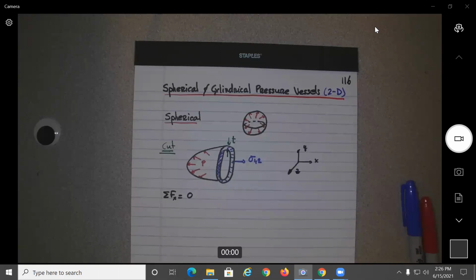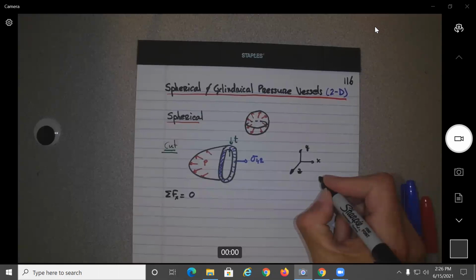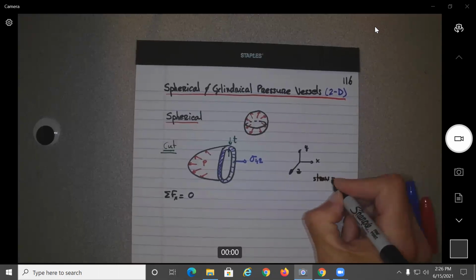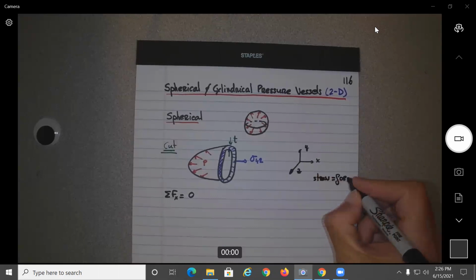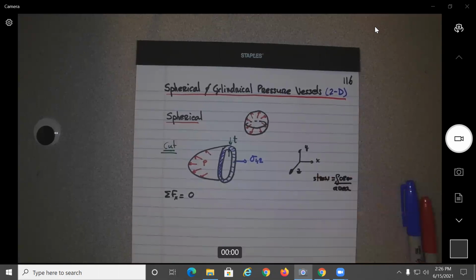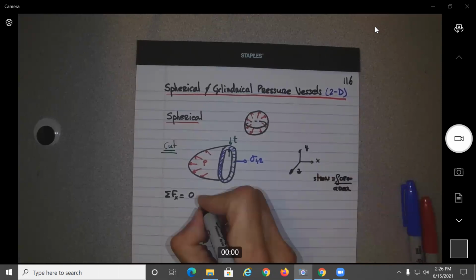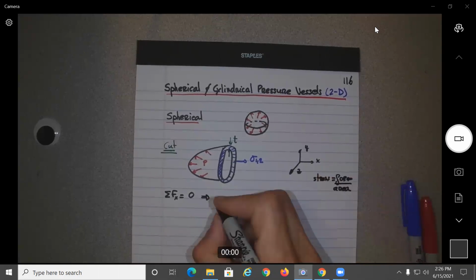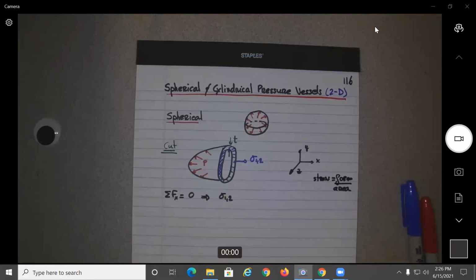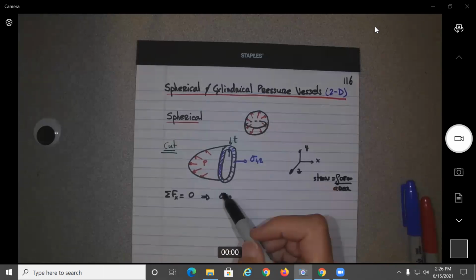Okay, so you know that stress is force over area. So what would be the force created by the stress sigma 1, sigma 2? What should be the area? It should be the perimeter times the thickness.